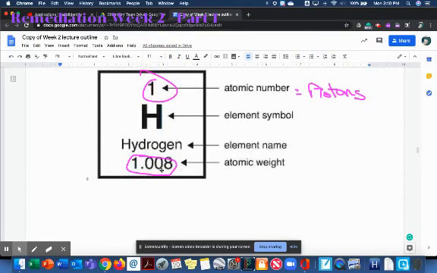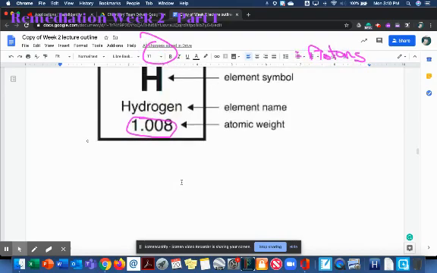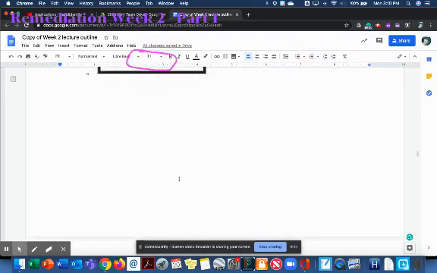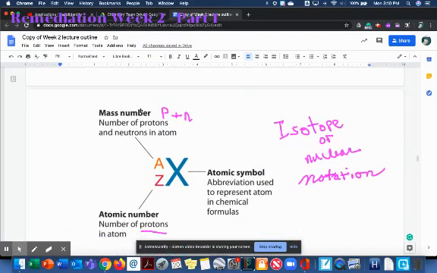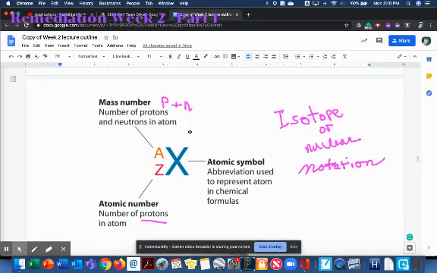Okay, that average atomic mass is always a decimal number because it is an average of a lot of different what are called isotopes. Whereas the mass number is always a nice whole number because it is just adding up the protons plus the neutrons.